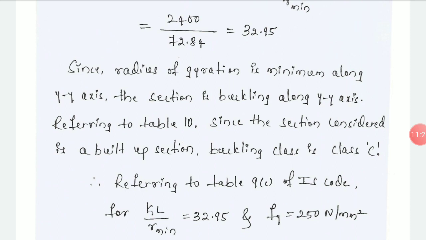If you have only I section or only channel section, you need to calculate the criteria given there to find the buckling class. But for built up sections, the last section given in table 10, buckling class is C always. It may be buckling about x axis or y axis. So now I know the buckling axis as well as the buckling class.